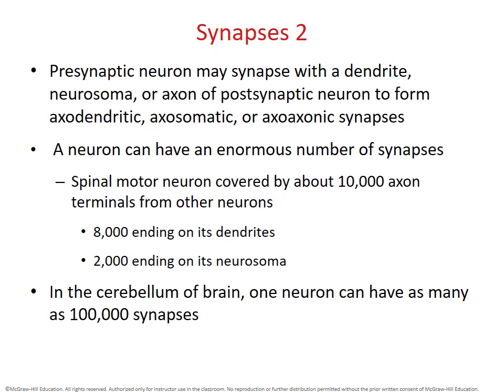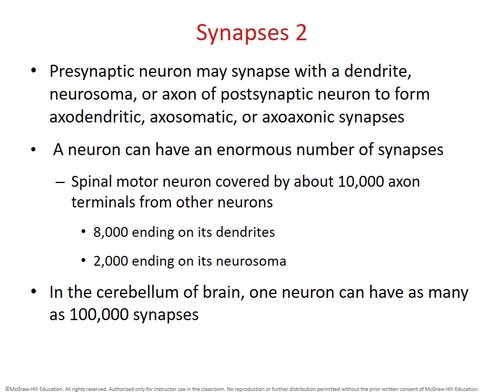Probably the most common scenario is for the presynaptic neuron to synapse with a dendrite of the postsynaptic neuron. This is referred to as an axodendritic synapse. Those are the ones we usually think about. But there are other types. It is possible for the presynaptic neuron to synapse with the cell body of the second neuron or postsynaptic neuron directly and not synapse with a dendrite.